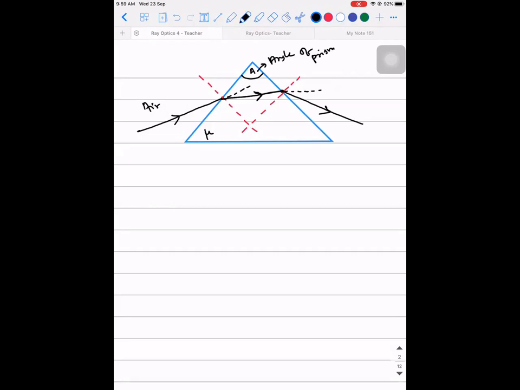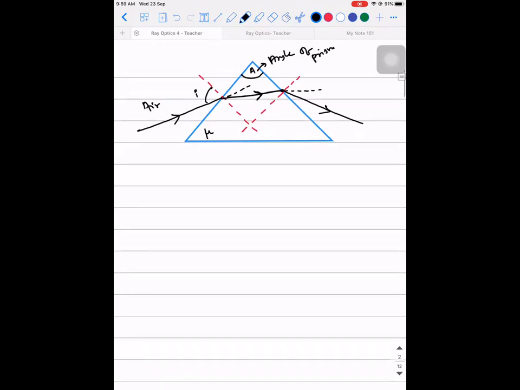Right? Now, we need to take certain angles and find the relations. If I take this angle as I, then this angle will be called R1. Accepted. So, the refracted ray within the prism is acting as the incident ray for the emergent ray. So, this is the incident ray.